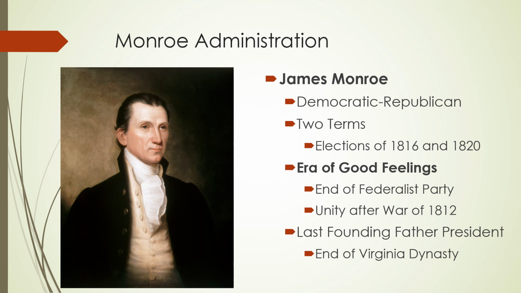But also, the War of 1812 was the end of the Federalist Party. If you remember, in the last video, we talked about the Hartford Convention. The Hartford Convention was the Federalists up in New England. They were critical of several aspects of the Constitution, and there was even a suggestion that maybe they should secede from the Union, that New England should secede from the Union.